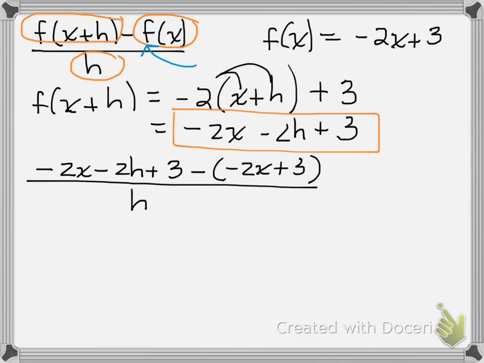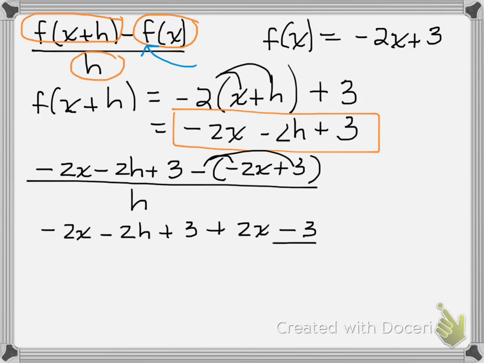Now let's do a little simplifying. We can distribute that negative sign. So we have negative 2x minus 2h plus 3, and now we get a plus 2x minus 3 all over h.